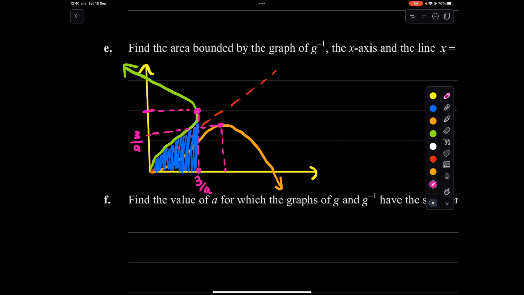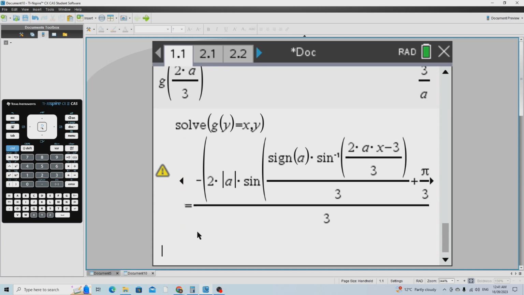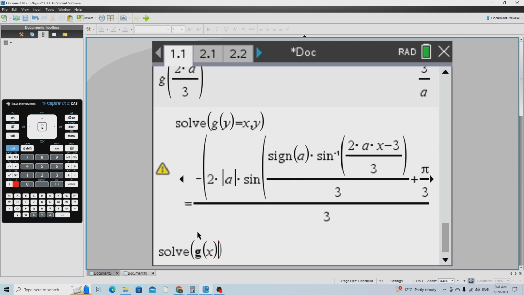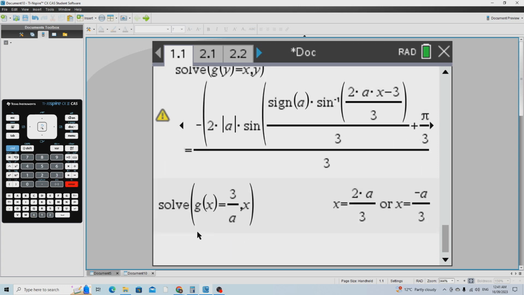Okay, if we want to solve this point, solve where g of x equals 3 over a, comma, x. Okay, 2 over a.